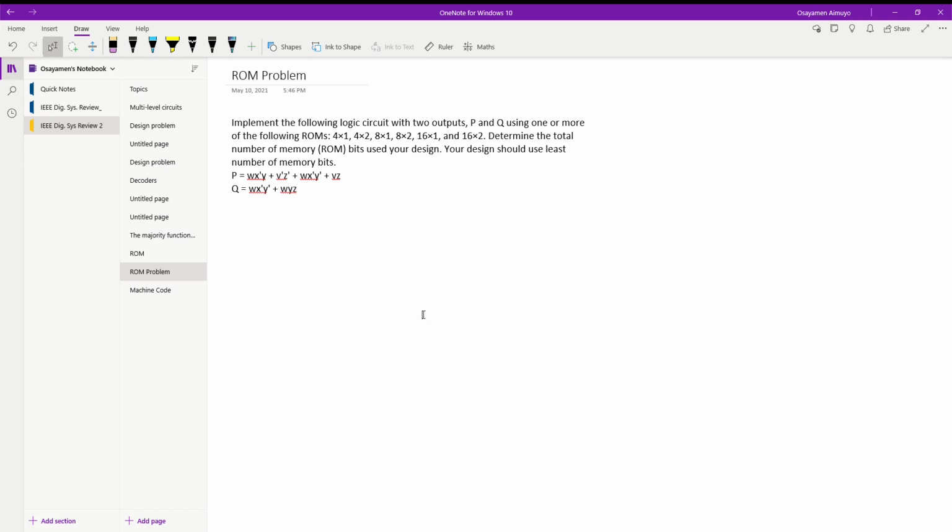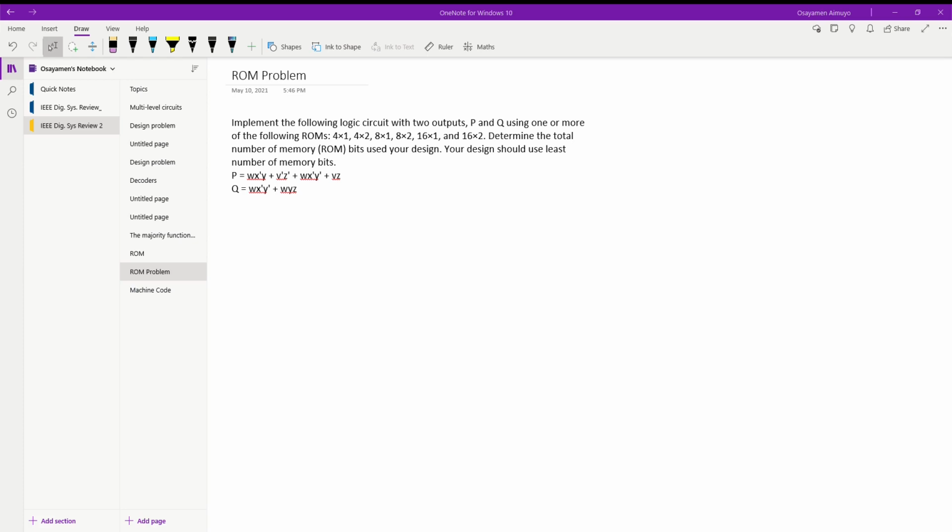So basically, we're restricted to a certain class of ROMs, and we're also restricted in the number of bits to use. First of all, let us simplify the function that we have, and see what arises from there.